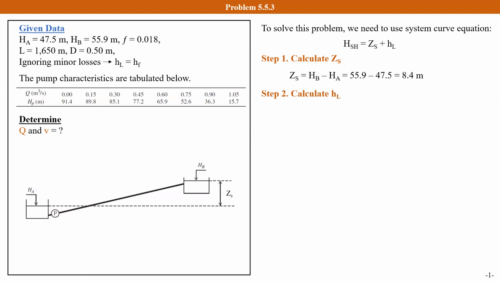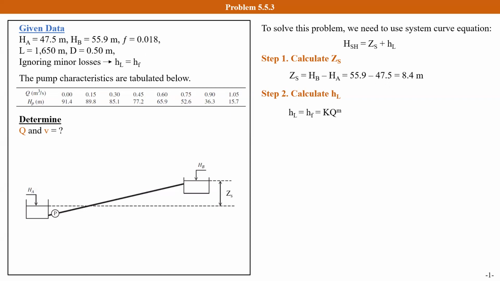Then the next step is to calculate the head loss. Because the minor losses are negligible, the head loss equals the friction loss.